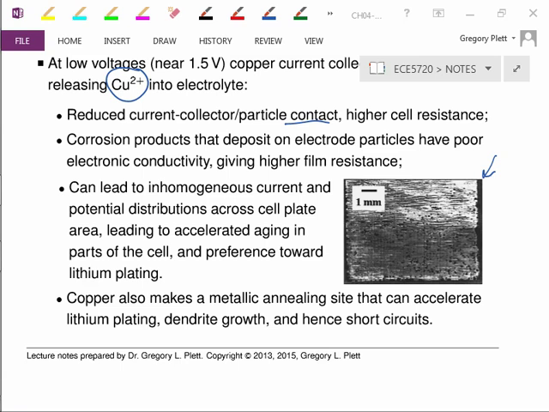So if you over discharge a battery cell, especially if it's a forced over discharge rather than a very, very slow self-discharge, a self-discharge you can sometimes recover and be okay.